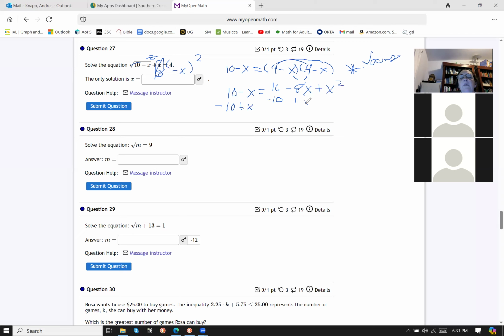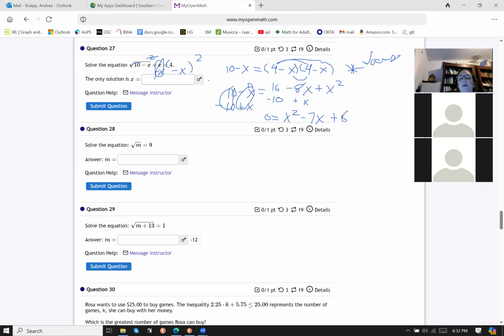So now 10 minus 10 is a 0 pair, negative x plus x is a 0 pair. So we're left with 0 is equal to, I'm going to write the x squared first just to make it easier to factor. Negative 8x plus x is minus 7x. 16 minus 10 is plus 6.